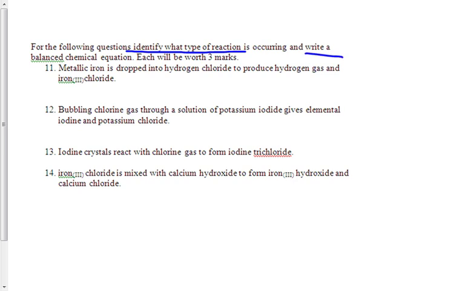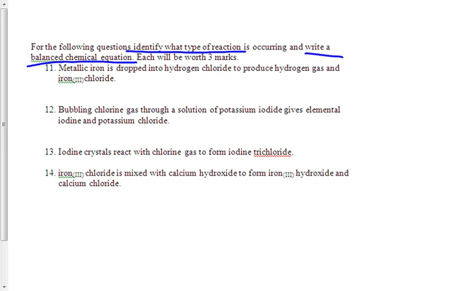Write a balanced chemical equation. So in this one, you'll get 1 mark for identifying the reaction type. You'll get 1 mark for having all of the compounds written with proper formulas, and then 1 mark for balancing. Here's the thing. You do have to be pretty careful in this section, because if you don't write all of the compounds correctly, will you balance it correctly?